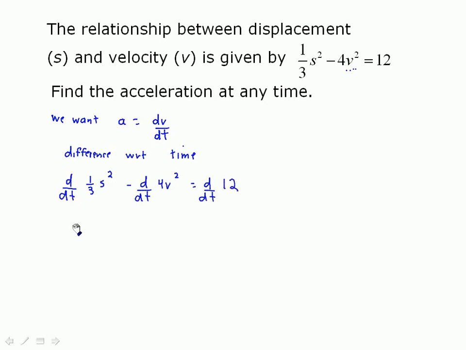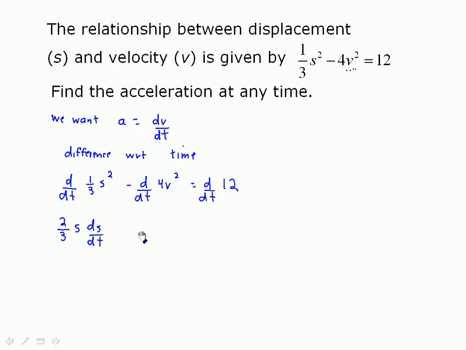So when we take the derivative of 1/3 s squared, we'll get 2 times 1/3, 2/3 s, and then we have to be aware that we're going ds dt. Now you could write that if you wanted as s prime, which is what I usually do with implicit differentiation. I'm not going to in this case, and the reason for it is that here it matters a lot.